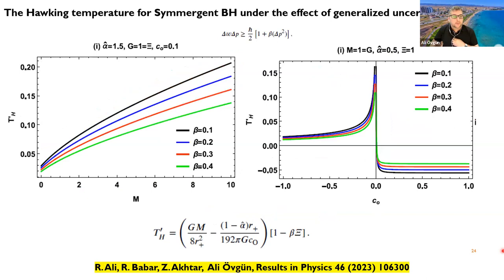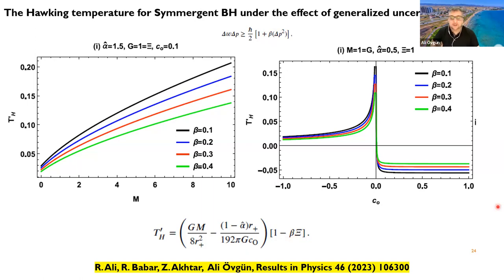In various types of theories of quantum gravity, the main feature is the presence of a minimal measurable length. In order to study this minimal length, the generalized uncertainty principle is the most appropriate way, so by using the generalized uncertainty principle, we study the Hawking temperature of this Symmergent black hole, and we check how this beta parameter, which comes from quantum gravity, also affects the Hawking temperature.